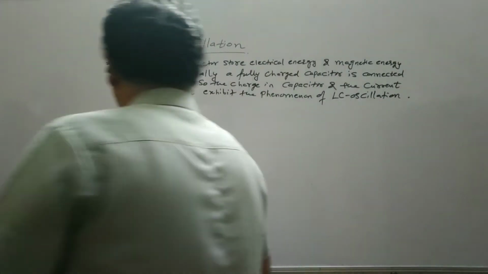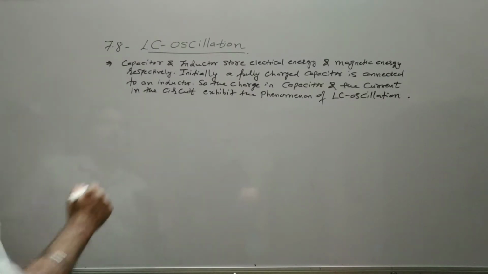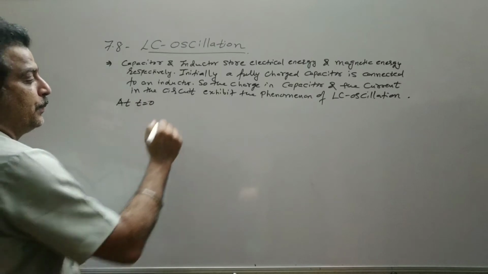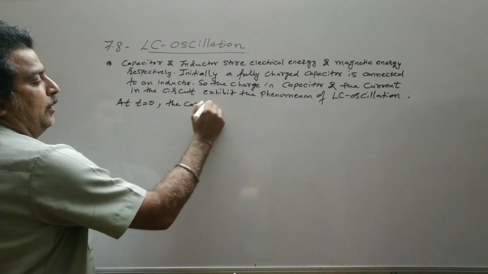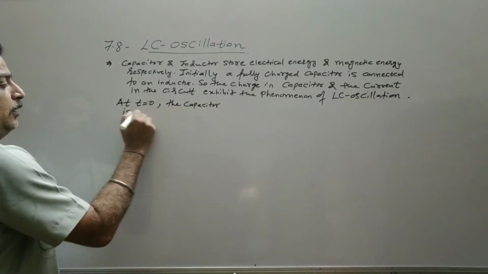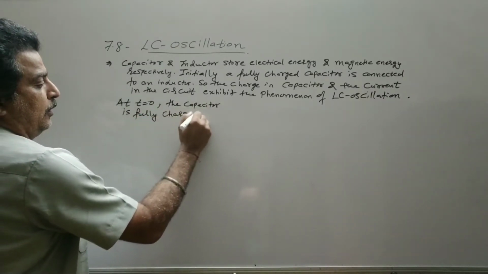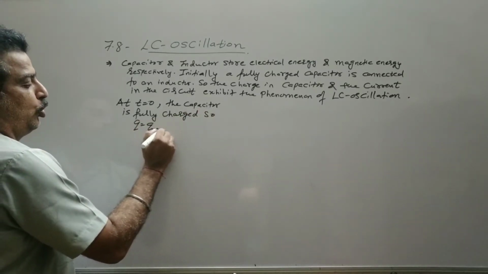So in this circuit, at t equal to 0, that is initially, the capacitor is fully charged. So Q is equal to Qm.